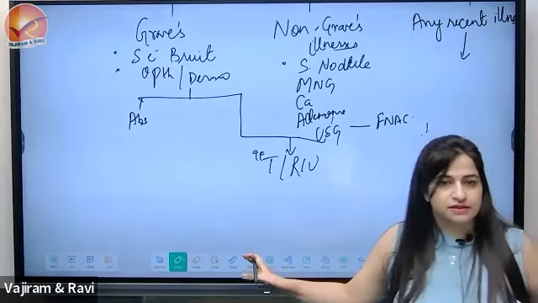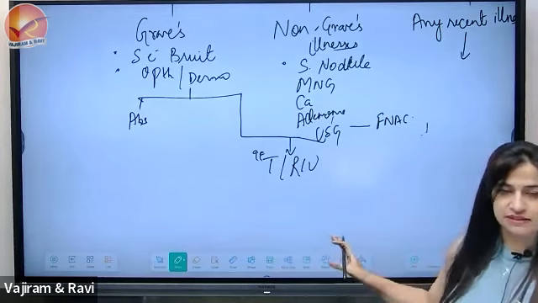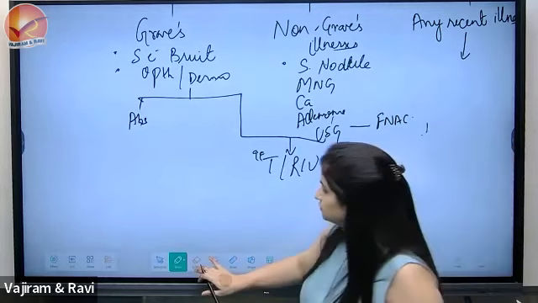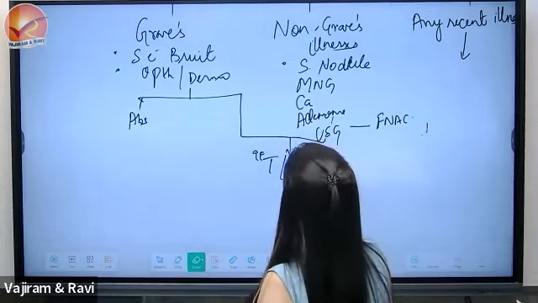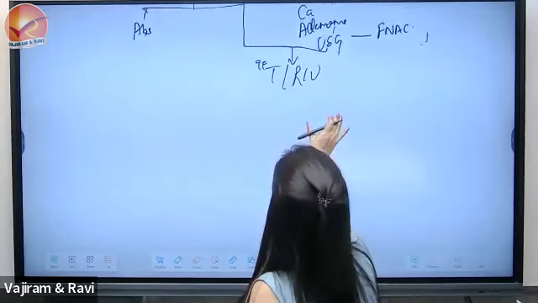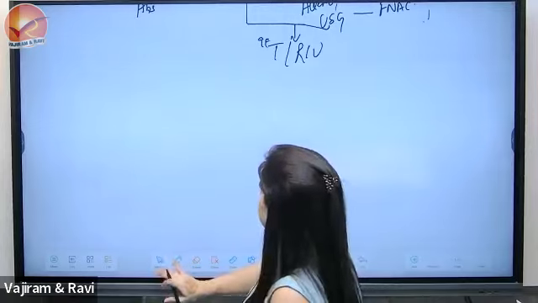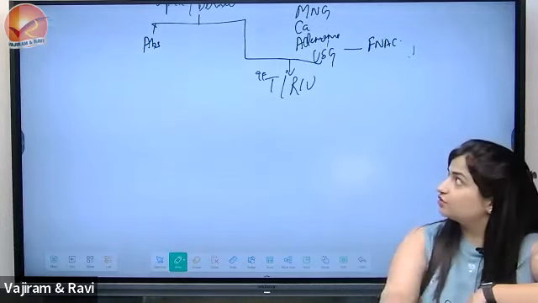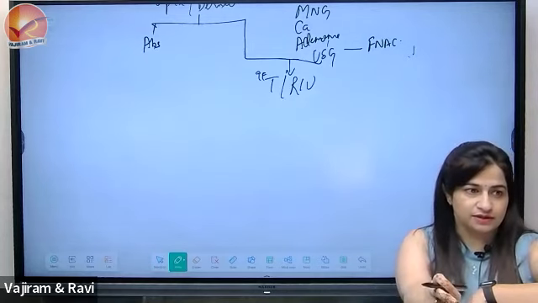Now the flowchart doesn't end here. Now we will see the findings of the radioactive uptake. So what will be the findings of the radioiodine uptake?